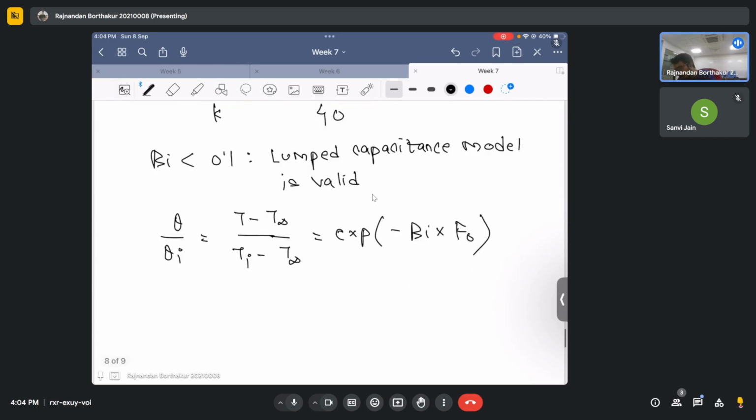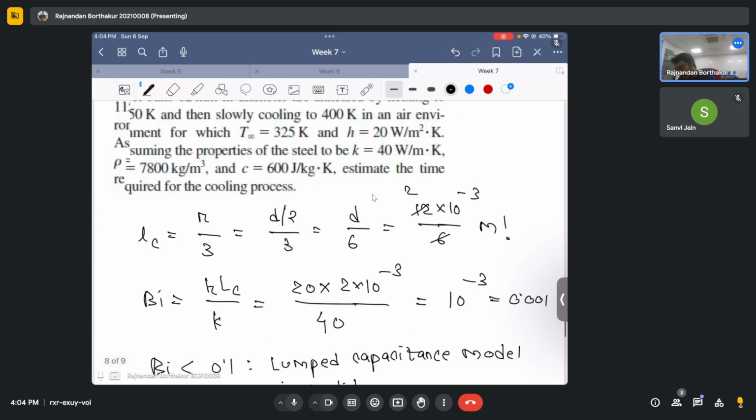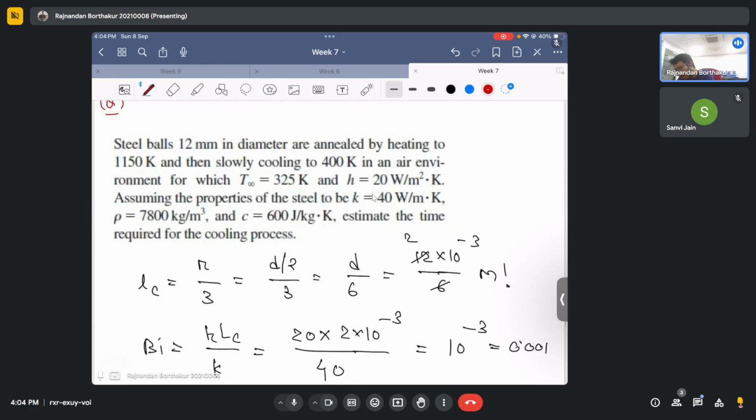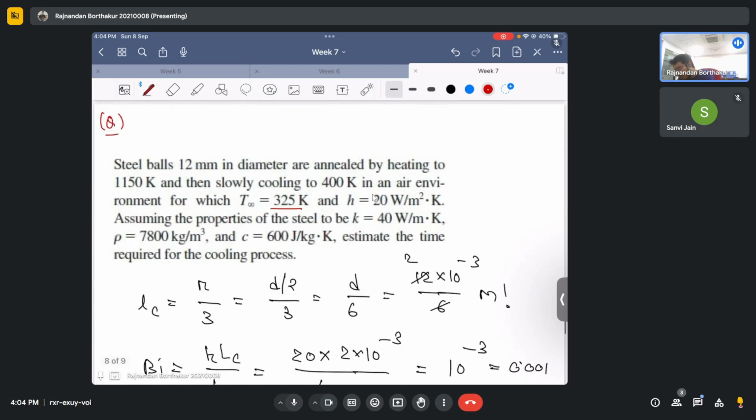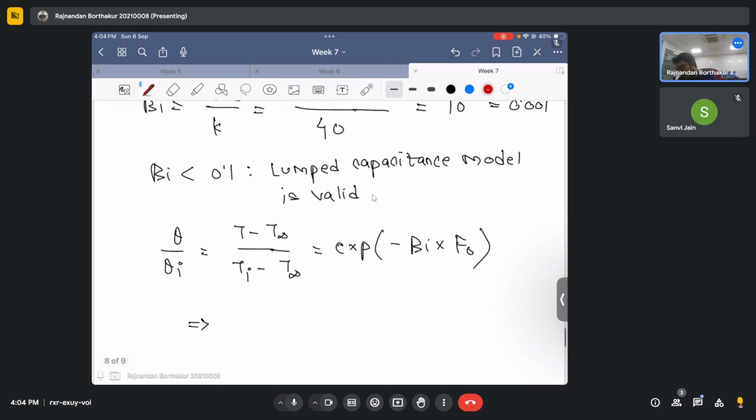Then you know all the values. T infinity is given to be 325, initially the temperature was 1150, and the final temperature is given to be 400 Kelvin.